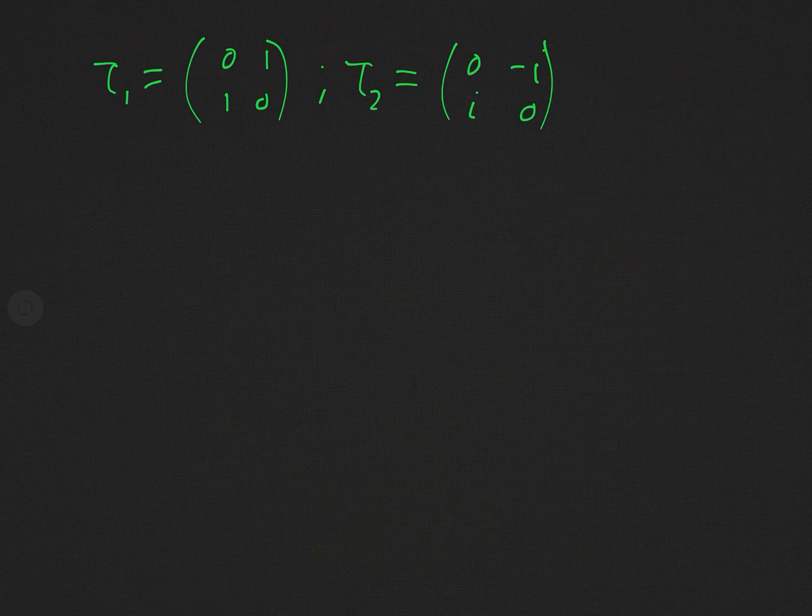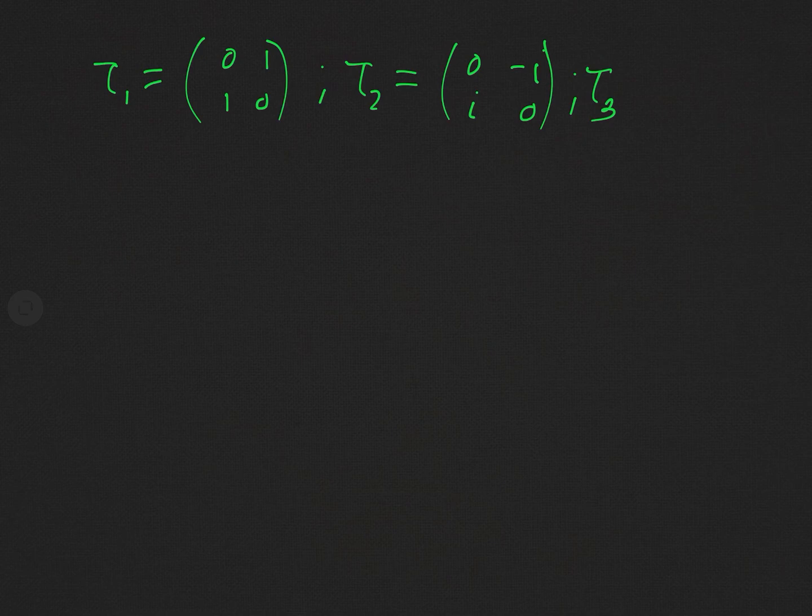And how is it defined? This is in fact tau 1 equal to the matrix 0 1 1 0. This is just a 2 by 2 square matrix. Its another component tau 2, which is in fact tau y, is 0 minus i, i and 0.